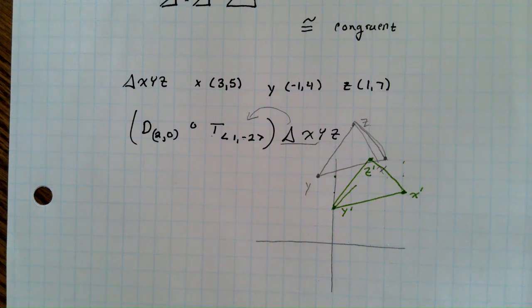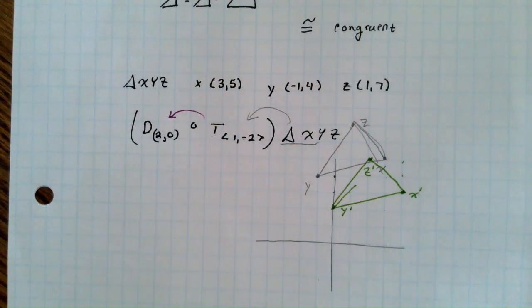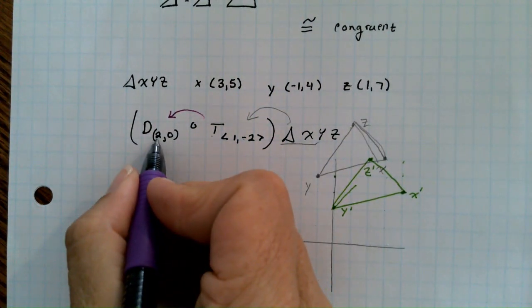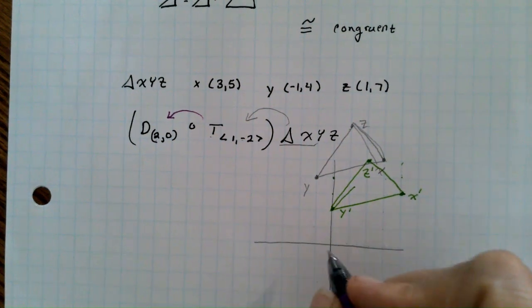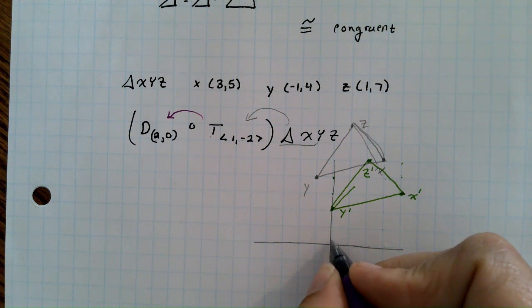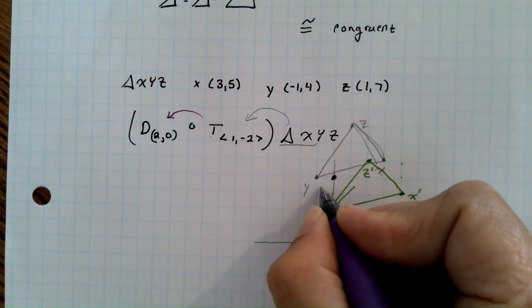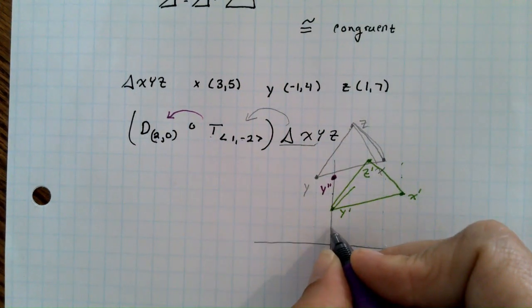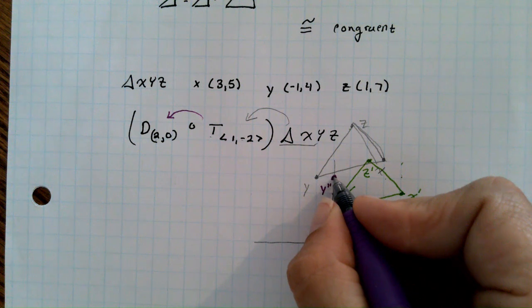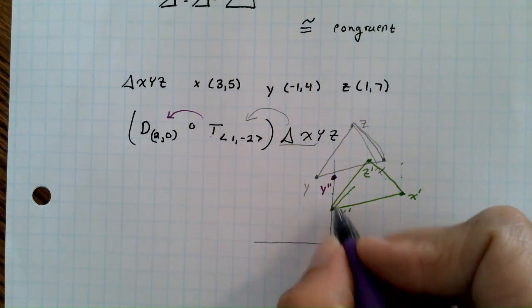Now we have to do the dilation. Dilation scale factor 2 around the origin. If you've watched my scale factor video or my dilation video, you know that since these are coordinates, we can use the slope. So up 2 is going to become up 4, and right 1... 2 will become 10 and 4.